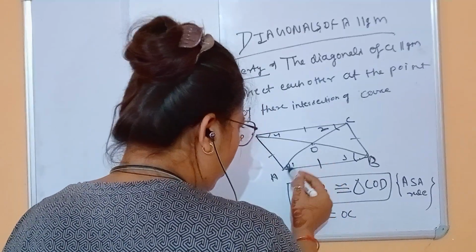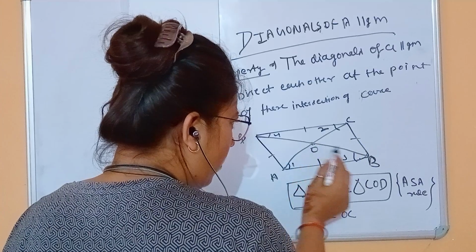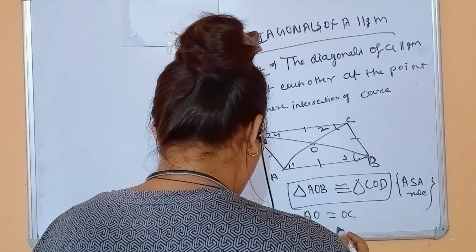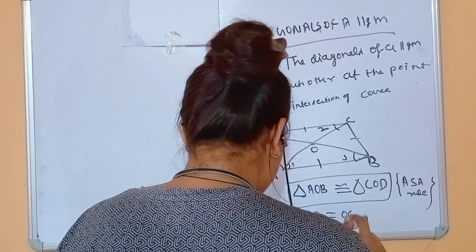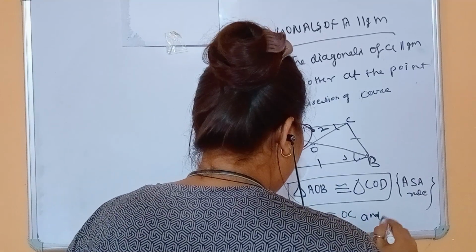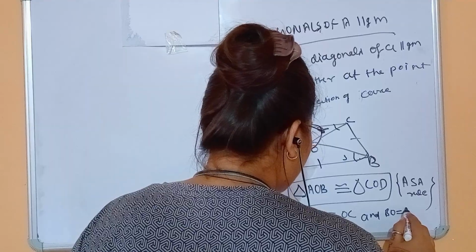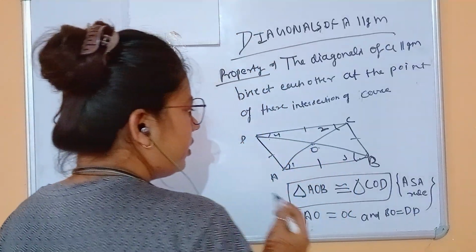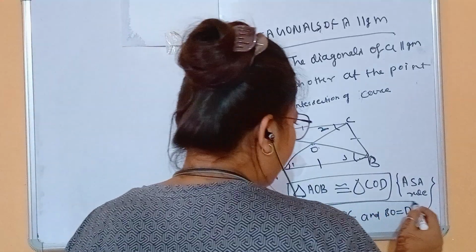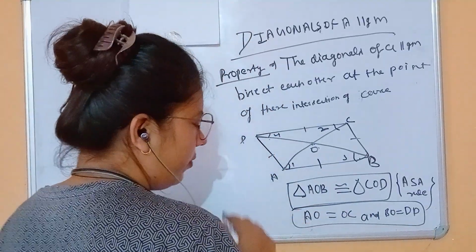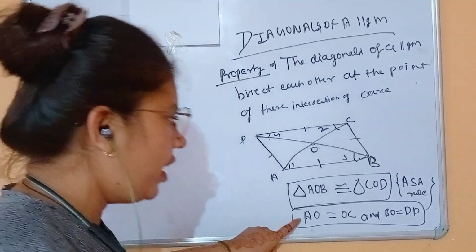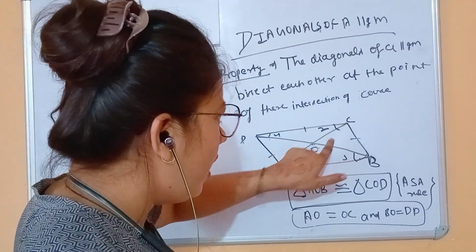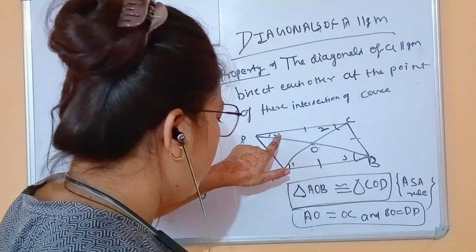That means AO is equal to OC, and OB is equal to OD. That says in a parallelogram. That property is very important. So we can say here AO is equal to OC and OB is equal to OD.